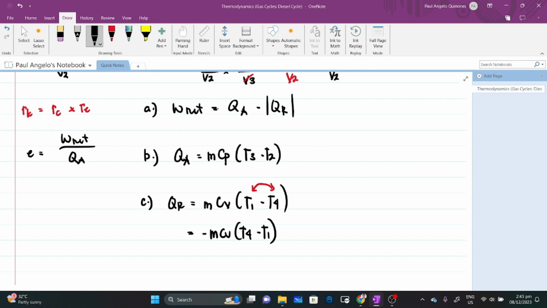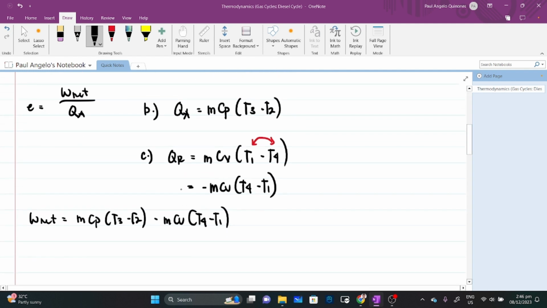By substituting B and C into equation A, we can solve for the work net. Work net is equal to QA, which is given by m CP times T3 minus T2, minus m CV times T4 minus T1. Since we have the work net already and we have QA, we can solve for the efficiency.